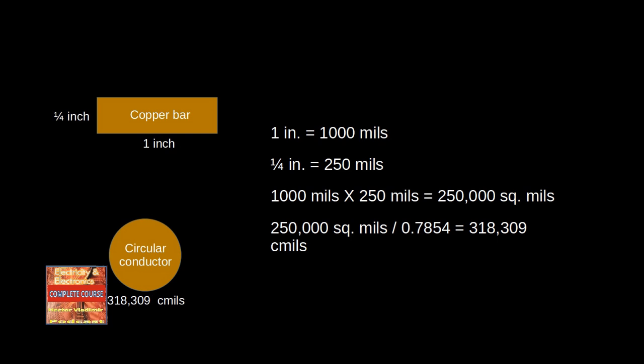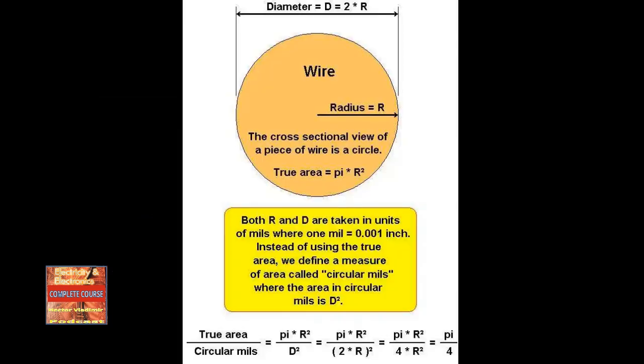If you have 35 kcm, it is equal to 35,000 circular mills. The number of circular mills, or C mills, in a conductor is equal to the diameter of a round conductor squared. Simply put, a wire with a diameter of 6 mils has an area of 36 C mills.